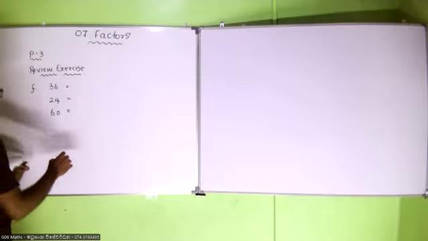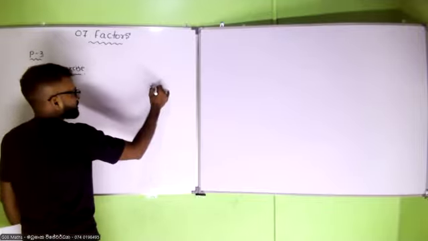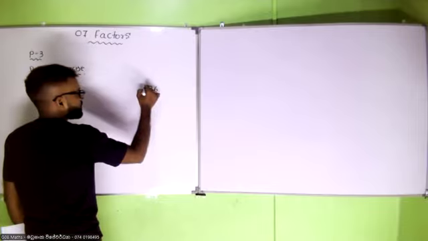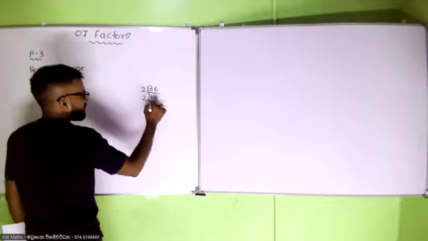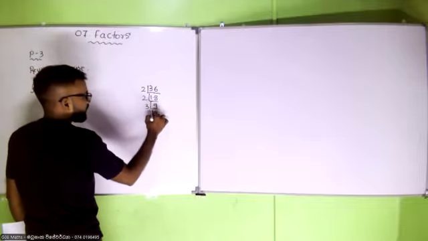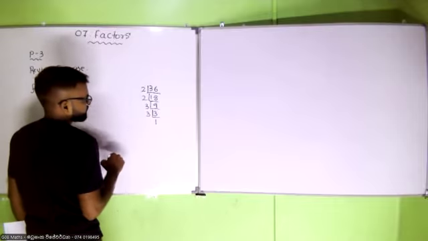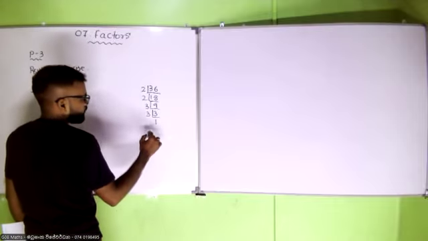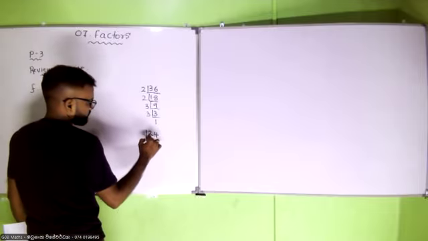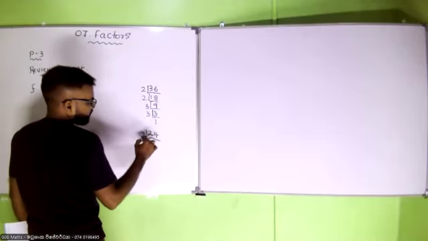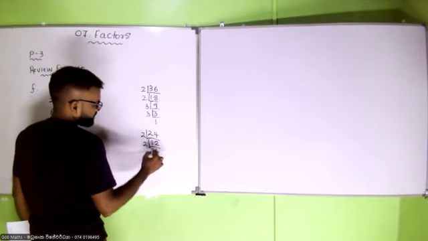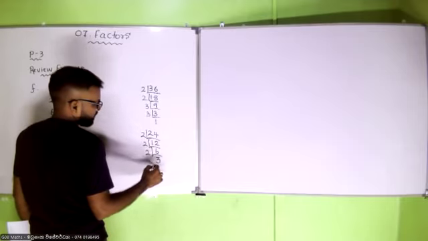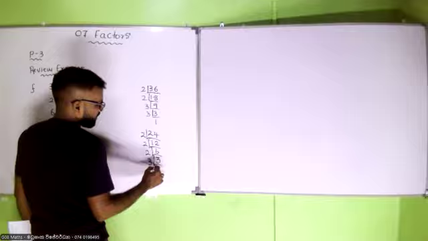So 36 can be represented as the product of its prime factors: 2 times 18, 2 times 9, 3 times 3, 3 times 1. Then 24: 2 times 12, 2 times 6, 2 times 3, then 3 times 1.